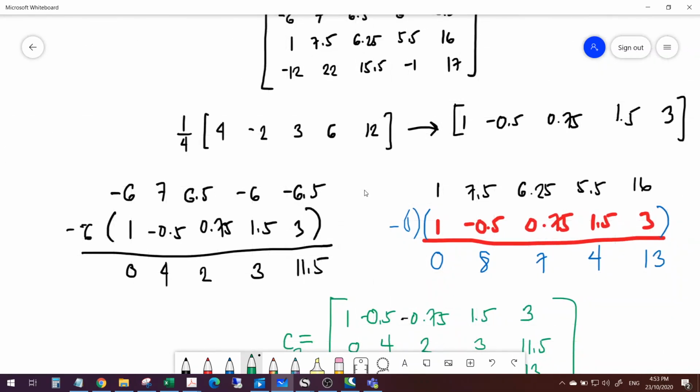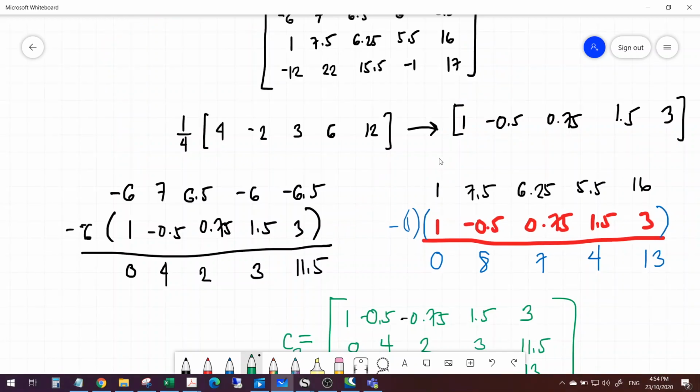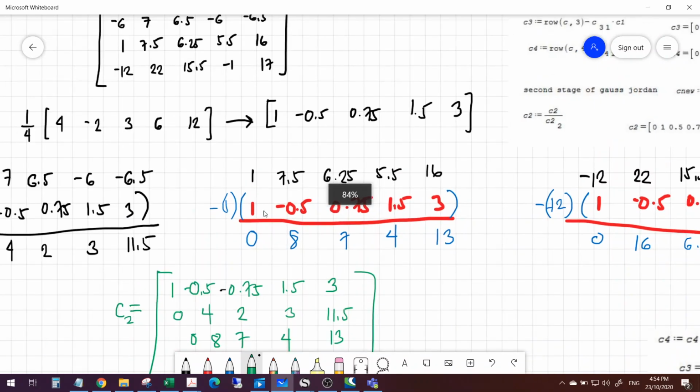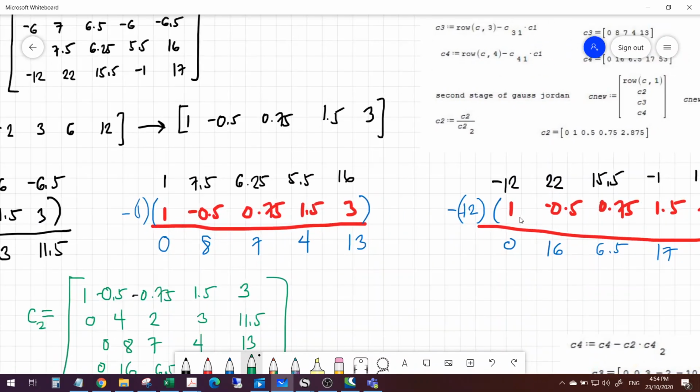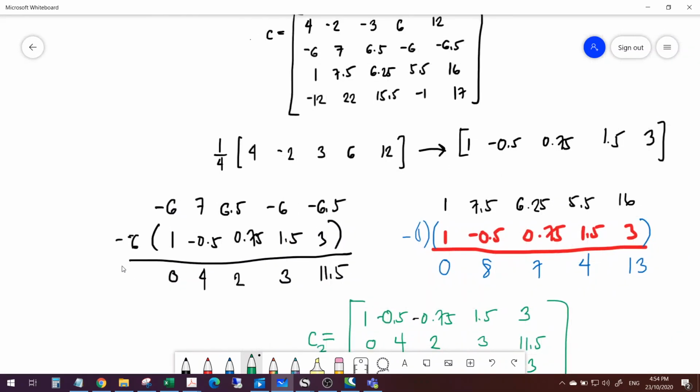So I wrote down this normalized row matrix, and then wrote down each row matrix here, and then subtract them. All the red row is the normalized matrix here. I forgot to make this red.